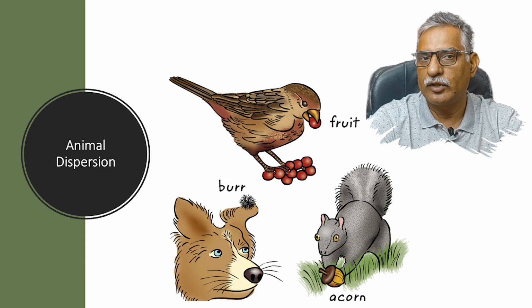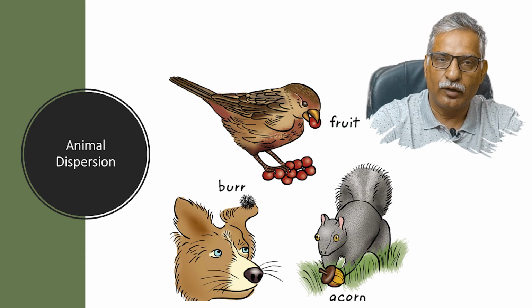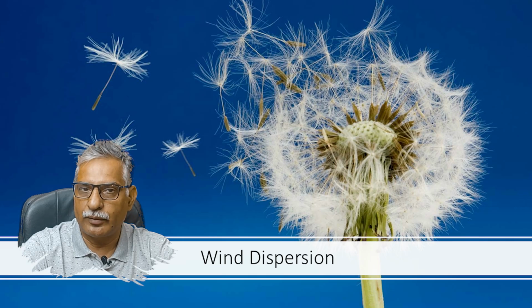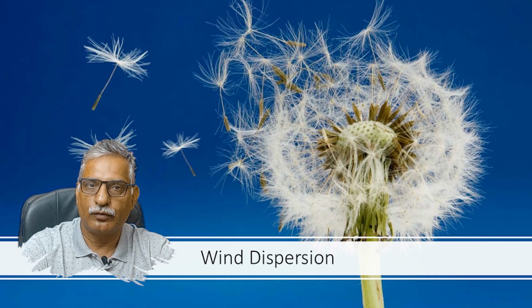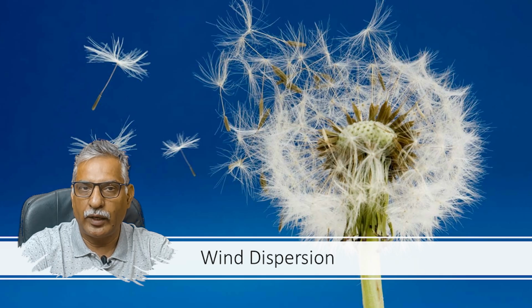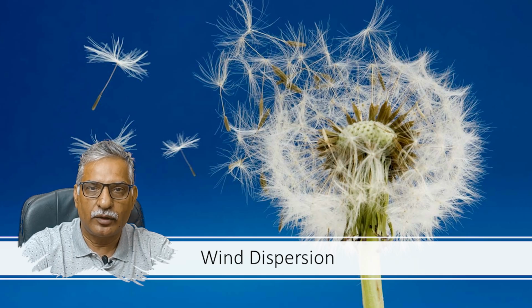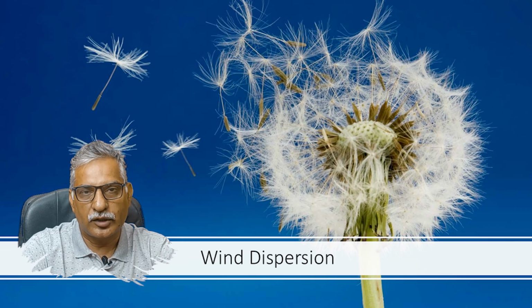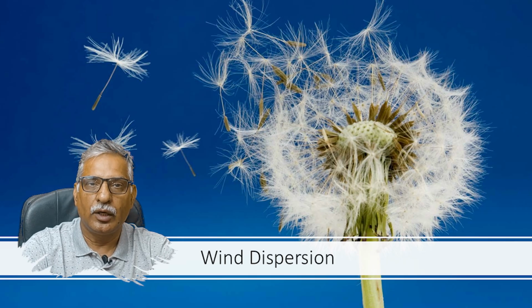The second mechanism is wind dispersion. In that case, the fruit does not contain any pulp inside, so it is not a source of food for animals, but rather it is highly packed with light seeds inside. When the seeds ripen, the fruit pod bursts open, sometimes with a little explosion, and these seeds are thrown into the air.